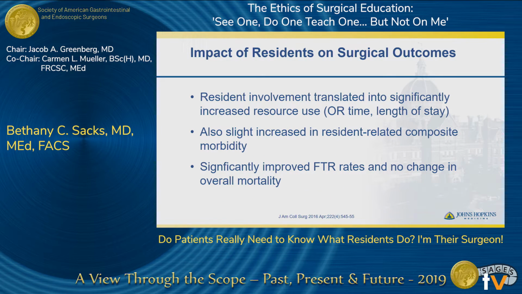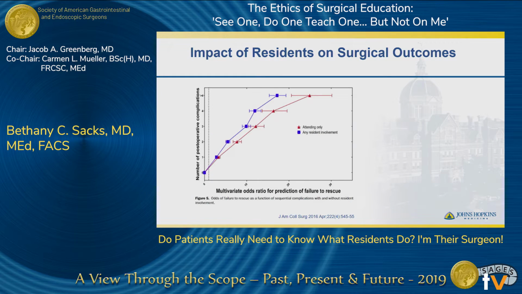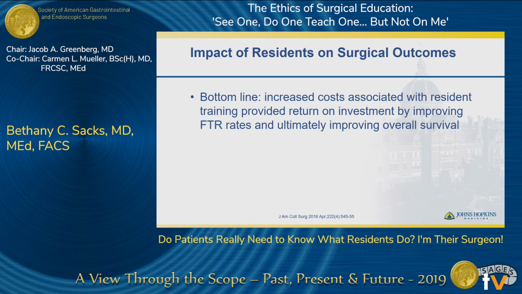What they found was, again, just like we've heard, increased resource use, OR time, sometimes length of stay. There was a slight increase in morbidity. However, they found that there were significantly improved FTR rates with no change in overall mortality. This is showing those FTR rates with the attending only versus having a resident involved.